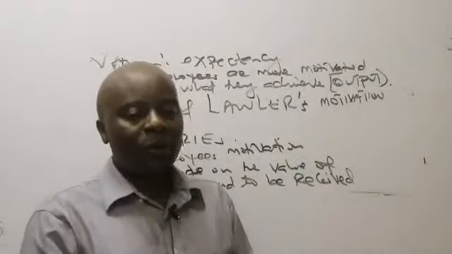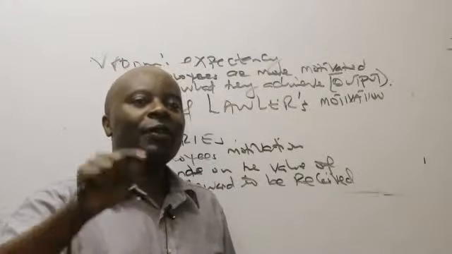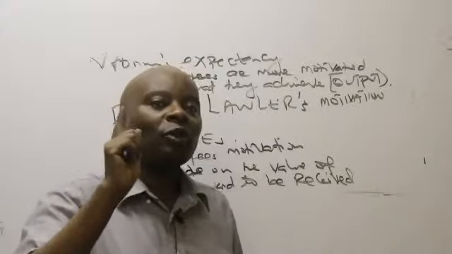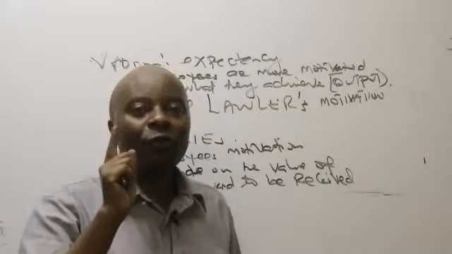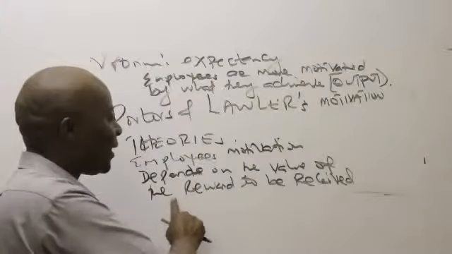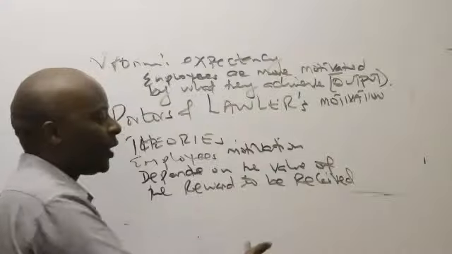So whatever amount of energy that you would want me to put into this particular thing will be commensurate to the amount of reward, for example, the amount of money that I will receive. So here, basically, the energy is directly related to the reward that I will receive.